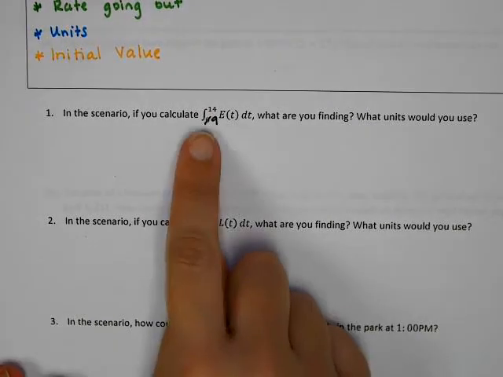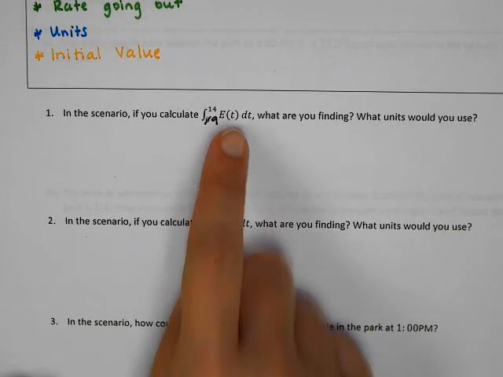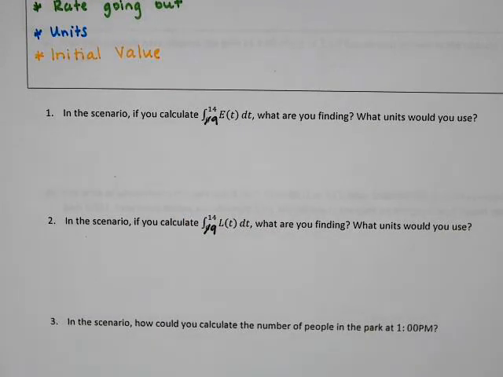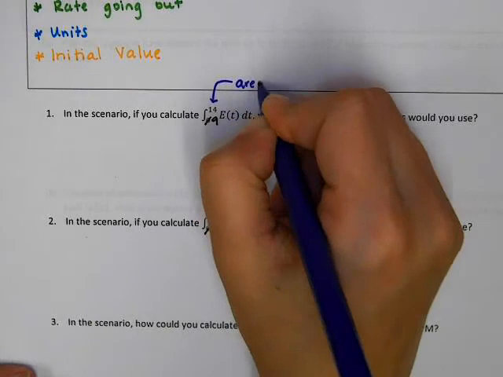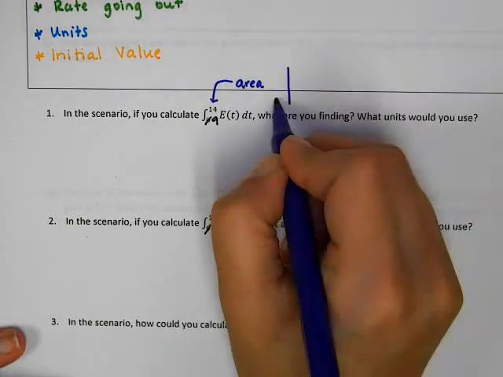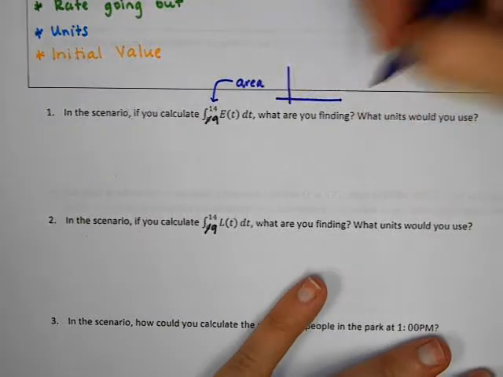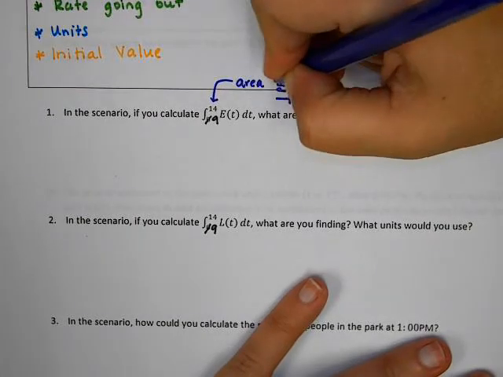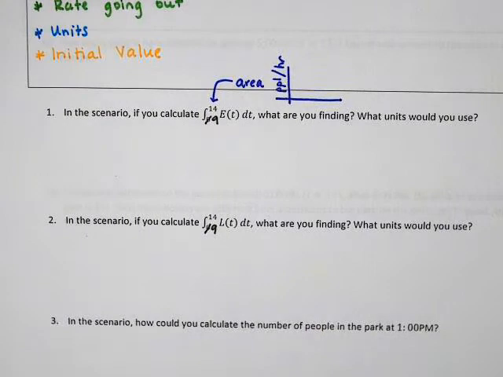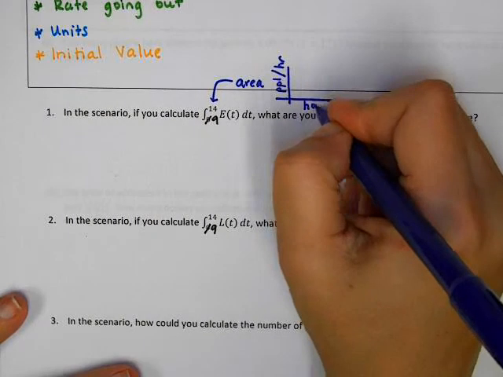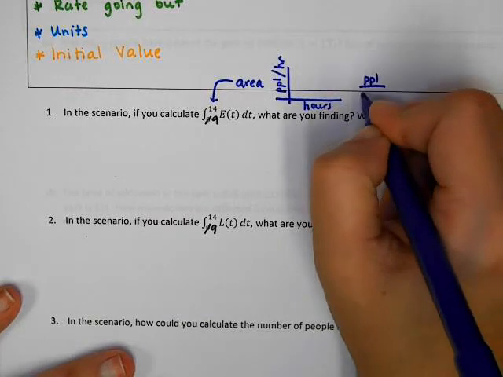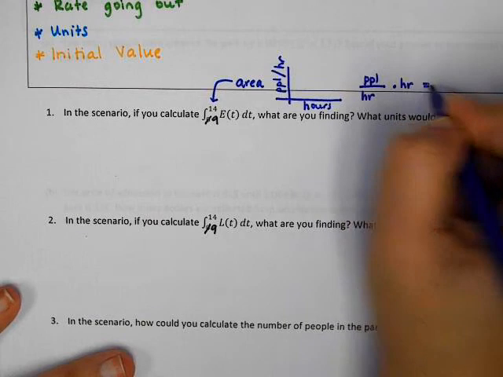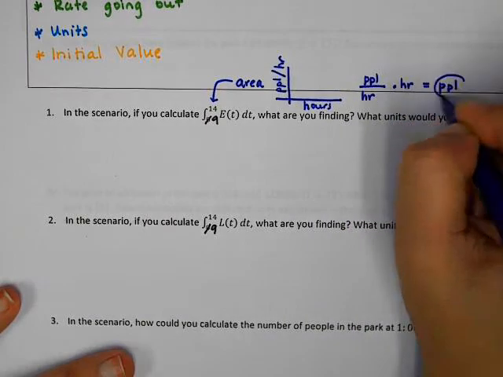Well, when we integrate a rate function, what we're doing is we're finding the area. So if we were finding the area in a graph where the y values are measured in people per hour and the x values are measured in hours after midnight, then the area would be people per hour times hours. So we're really just counting the people.